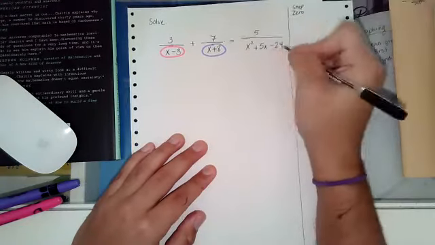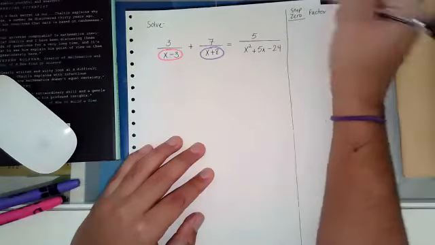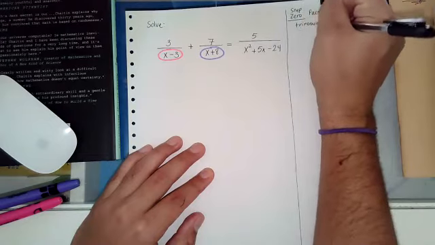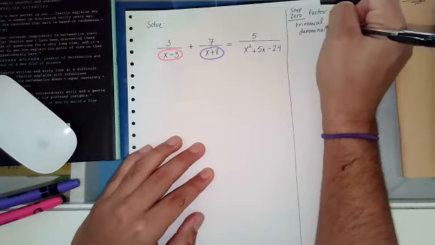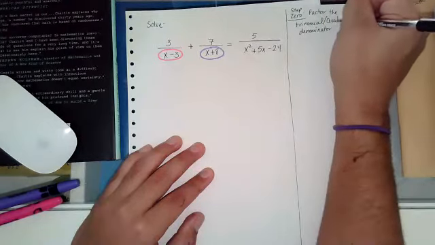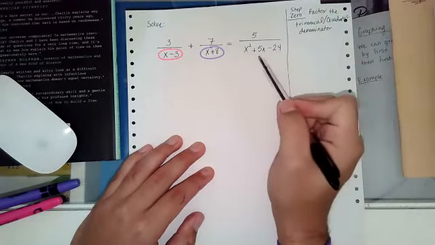If you have a quadratic or a trinomial here, we're going to factor the trinomial denominator. And I'm going to call it a trinomial. It could just be a quadratic, but in any case, we need to factor this thing.